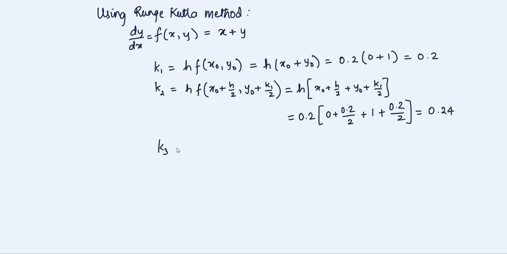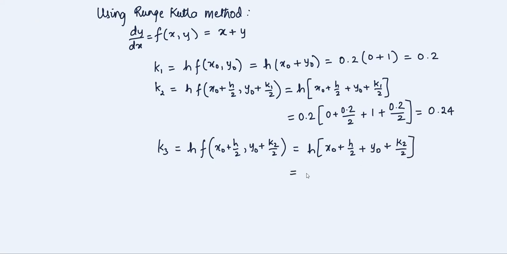Let us find k3. h times f of x naught plus h by 2, comma y naught plus k2 by 2. h times x naught plus h by 2 plus y naught plus k2 by 2. 0.2 times 0 plus 0.2 by 2, plus 1 plus k2, which is 0.24 by 2.